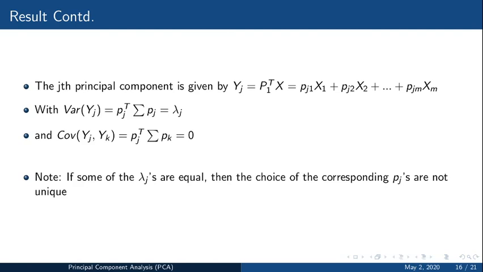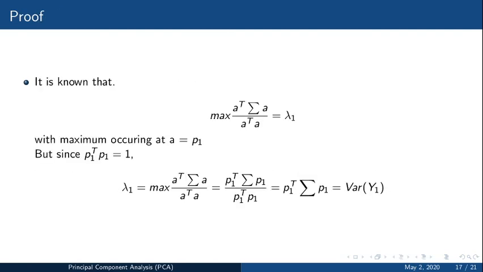Let's try to prove this. It is a well-known fact that the maximum of a prime sigma a divided by a prime a is lambda 1, with maximum occurring at a equal to p1.